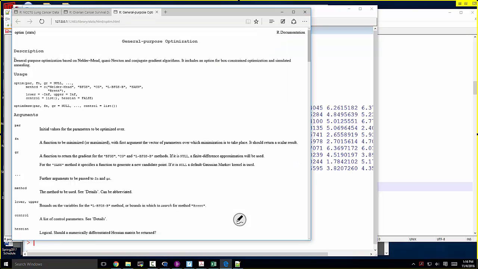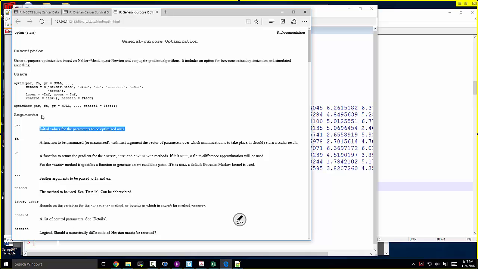So there are a couple of these types of functions in R. optim does general purpose optimization, and it can work with vector valued parameters. So I can ask it to maximize a function with respect to mu and sigma squared.